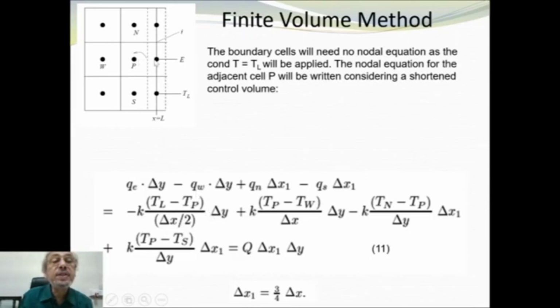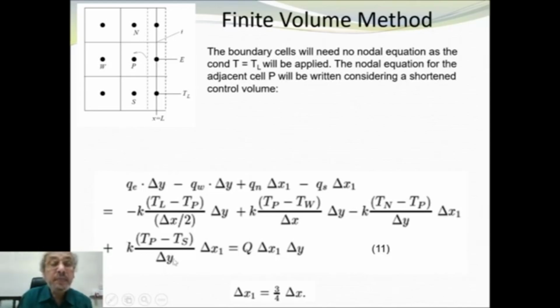So now this distance is delta x by 2, into delta y. k (TP minus TW), this distance remained as delta x, minus k (Tn minus Tp) by delta y, this delta y remains the same, but this will be multiplied by delta x1.